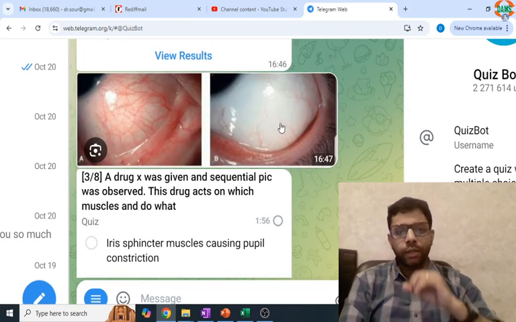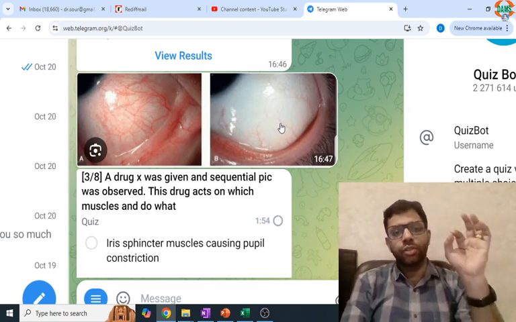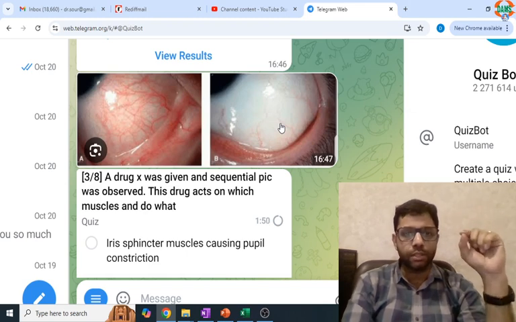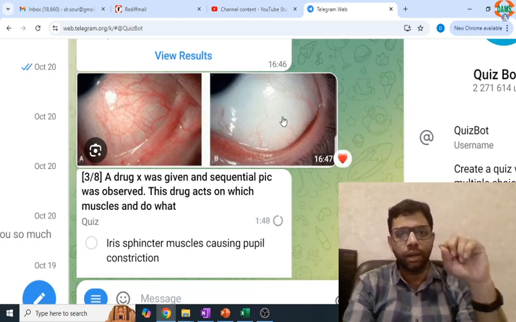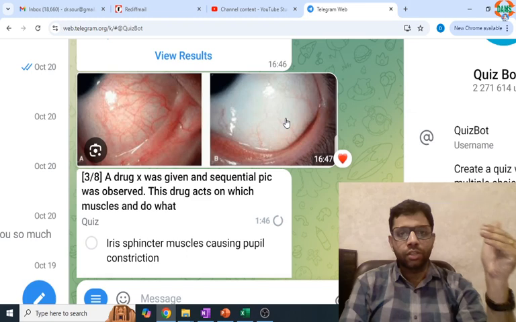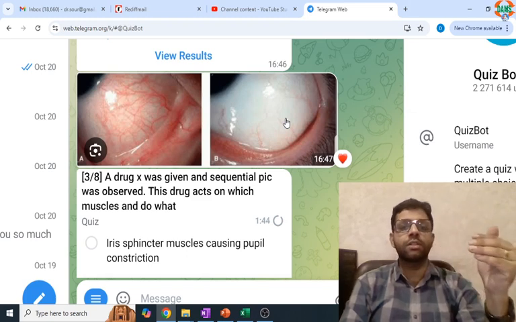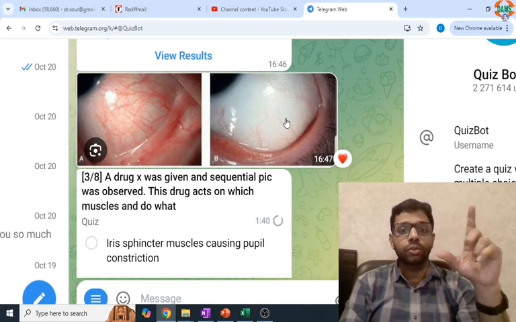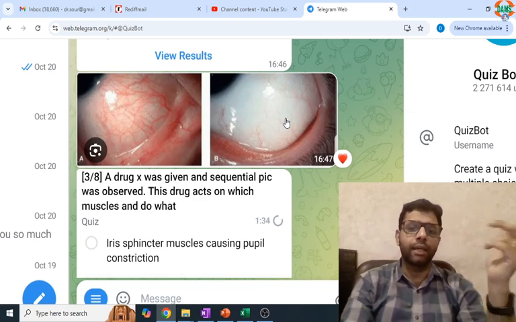Now, the third one is a combination of conjunctiva and a drug, maybe a pharmacology question. A drug X was given and there was blanching of the vessels. Blanching of the superficial conjunctival vessels is by phenylephrine. Phenylephrine is a pupil dilator also, acting directly on the iris dilator muscle and dilating the pupil.